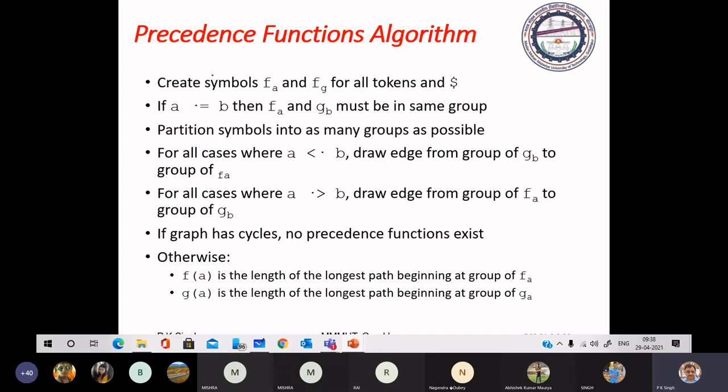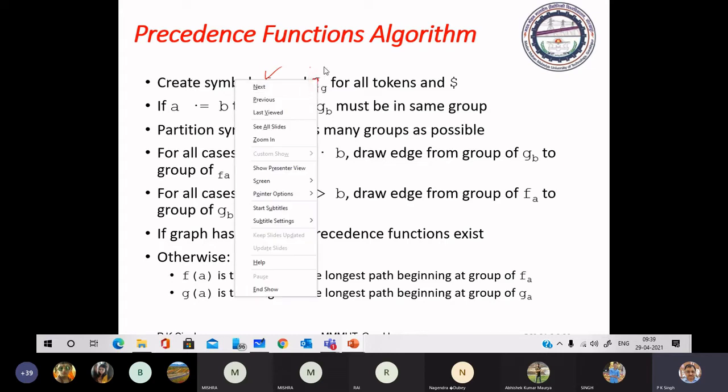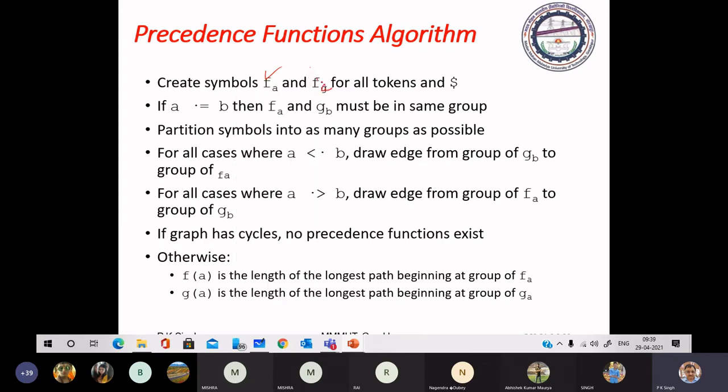See the algorithm to compute the f and g functions for the various terminal symbols. We first assign an f function and a g function for each symbol a.